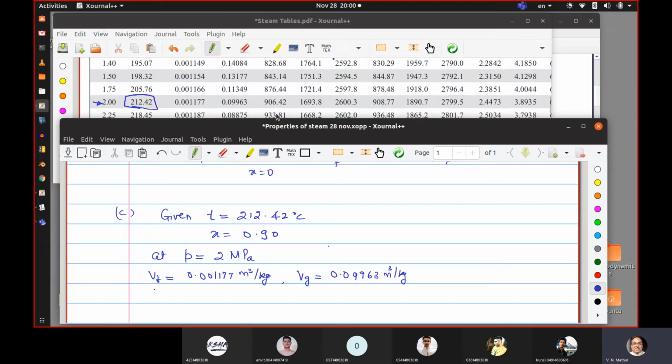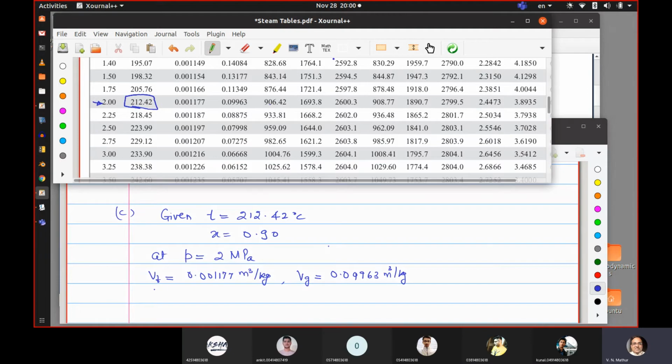So that means this is internal energy, not required. We need these values for enthalpy.